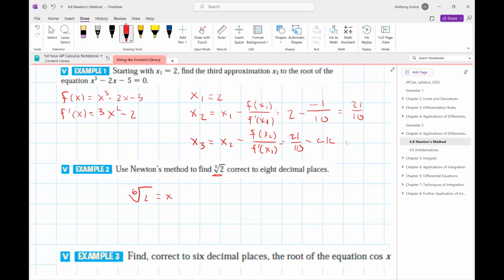It's like that, right? But that's not the way I would think about it. I would think about it as taking the 6th root of both sides, and then I'm moving everything onto one side. And that's my f.